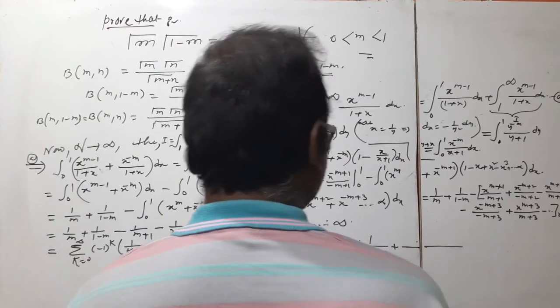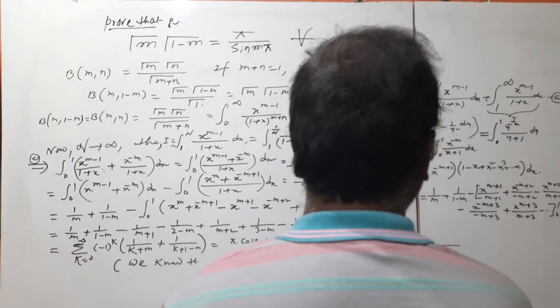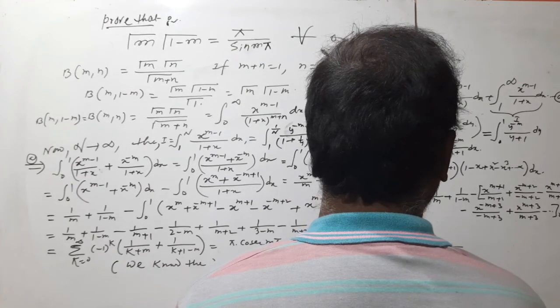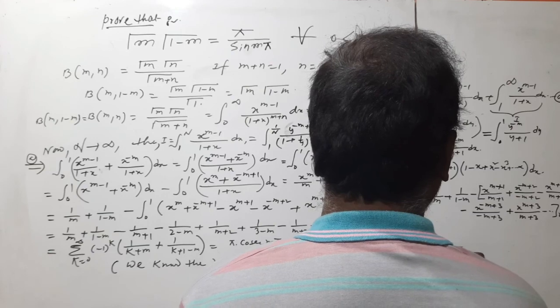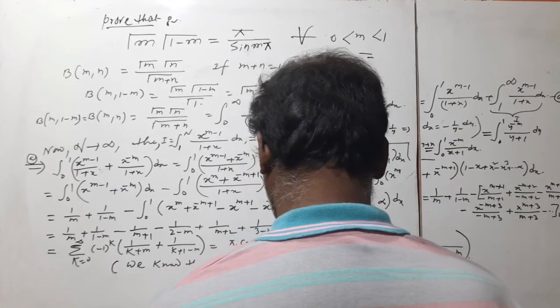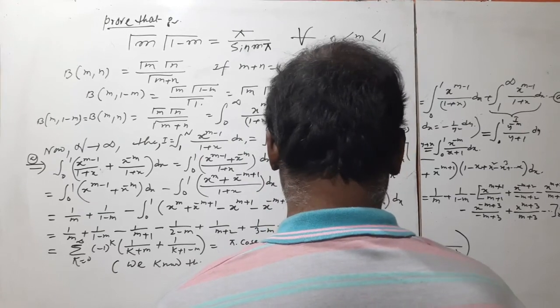So this is here k times pi times k plus 1 minus m.